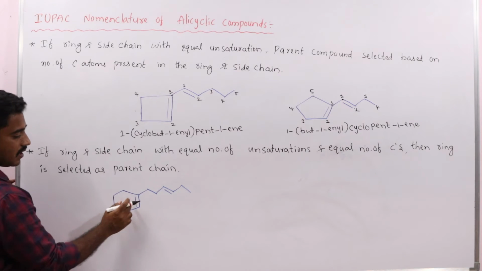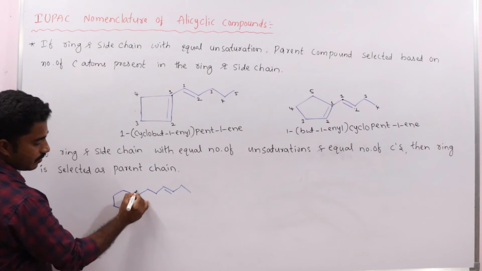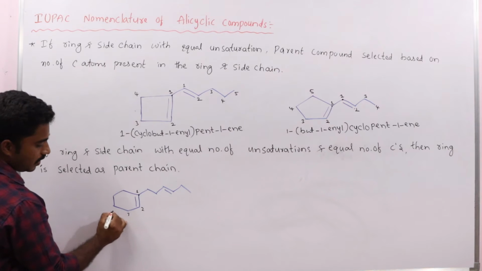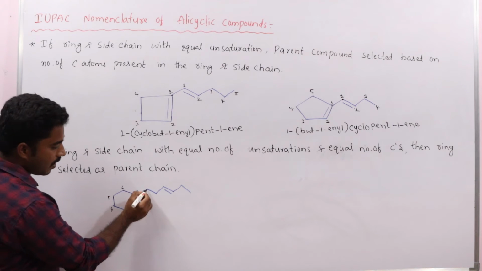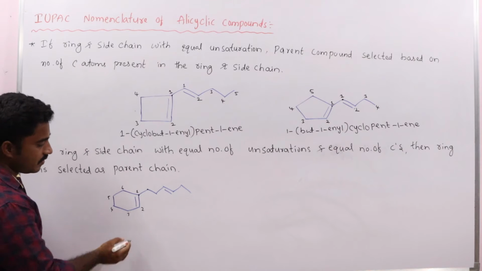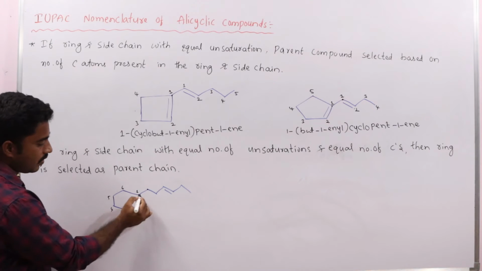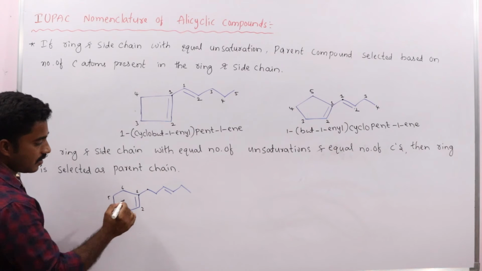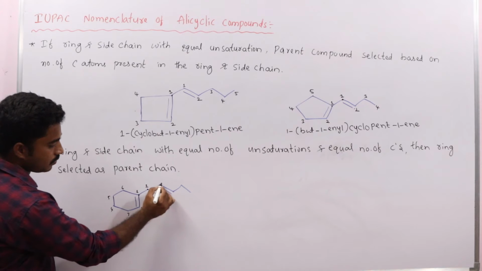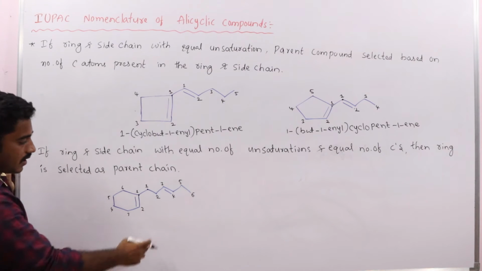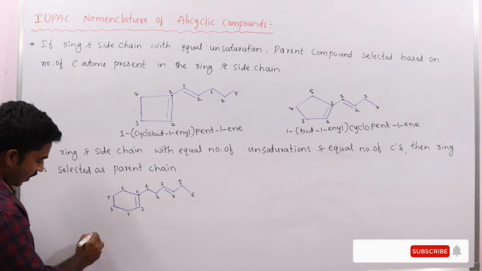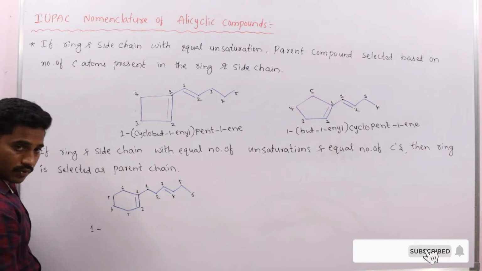When this is the parent compound, numbering we give from this carbon, 1, 2, 3, 4, 5, 6. The carbon of the side chain which is bonded to the parent compound is numbered as 1, 2, 3, 4, 5 and 6.